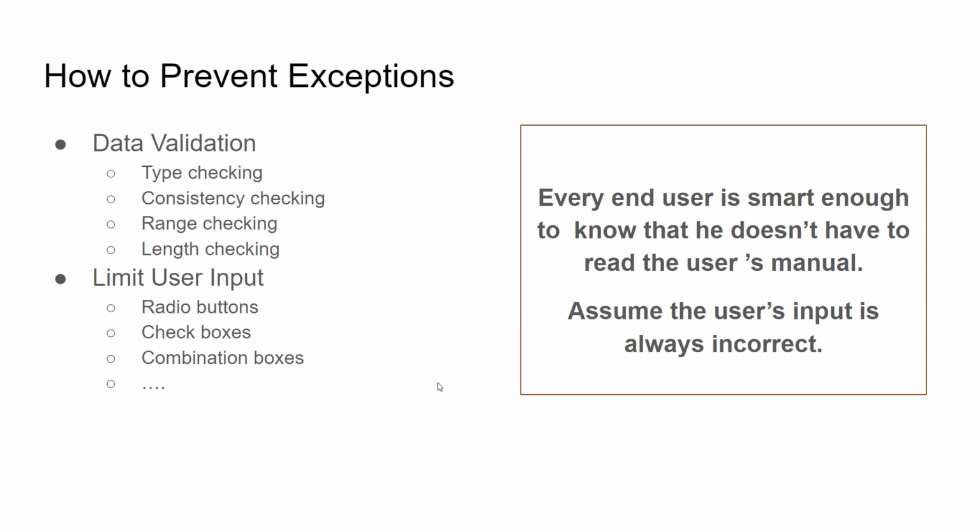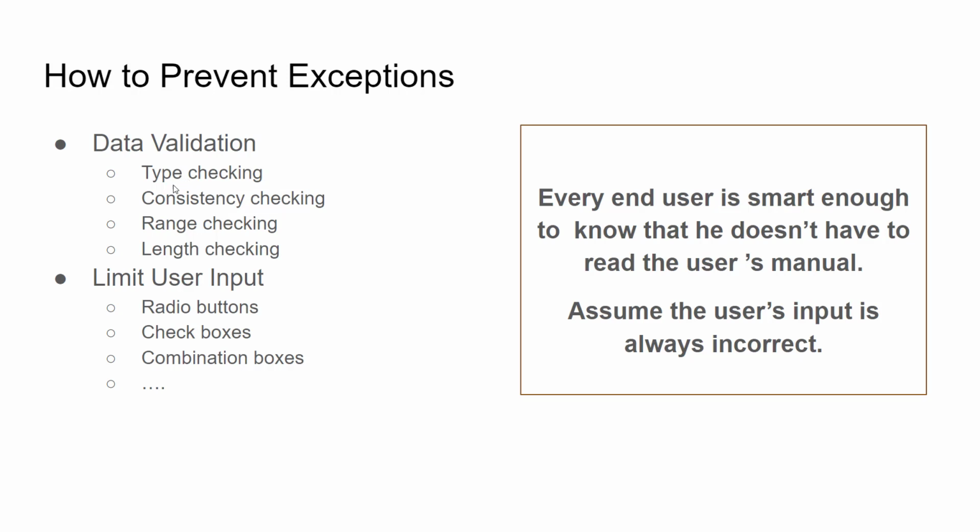Okay, so how do we prevent these exceptions from happening? There are two basic ways. One is to do data validation. For example, if you are expecting an integer and the software was given a string, what should it do?